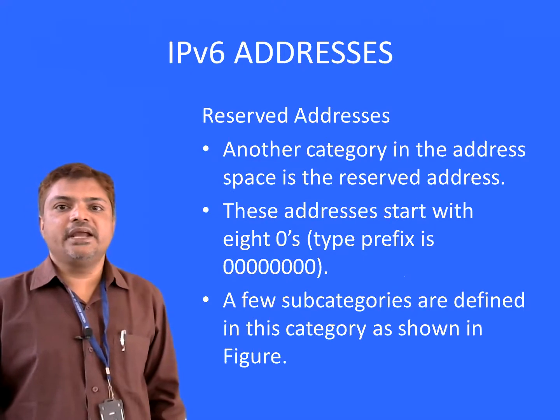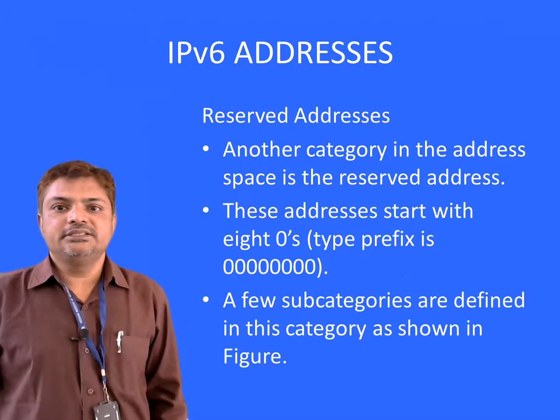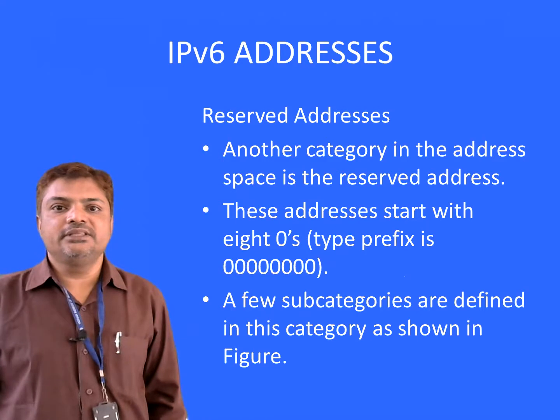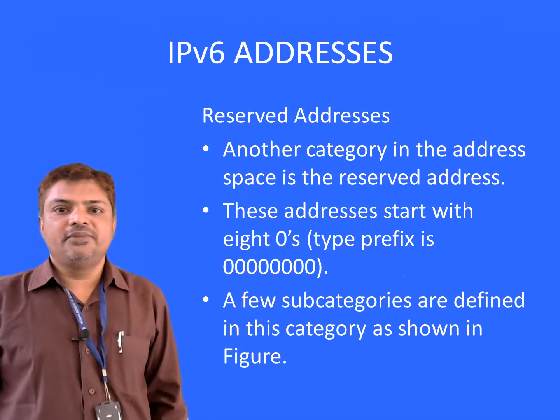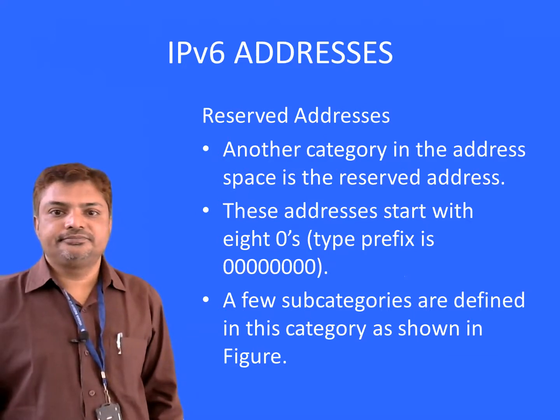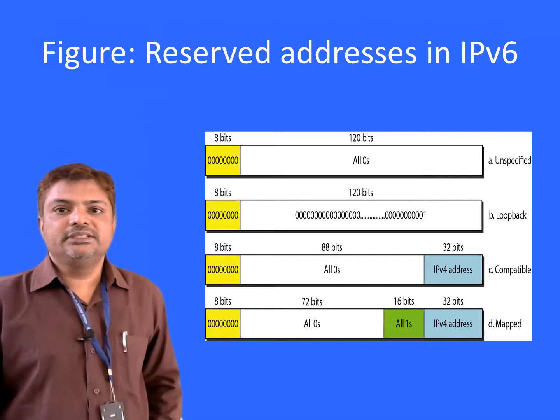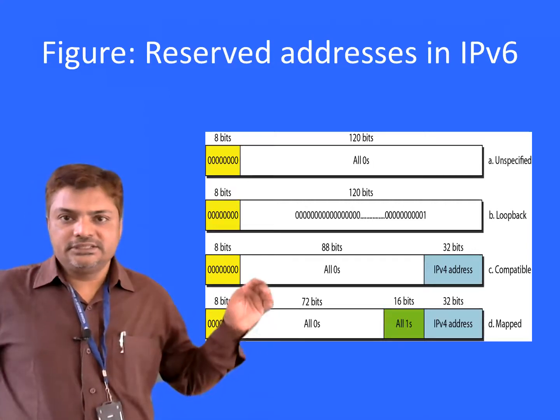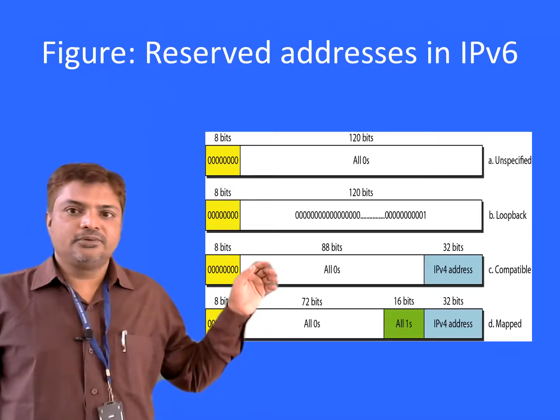Reserved address. Another category in the address space is the reserved address. These addresses start with 8 zeros. Type prefix is 8 zeros. A few subcategories are defined in this category as shown in the figure. So these are the reserved addresses in Internet Protocol version 6.